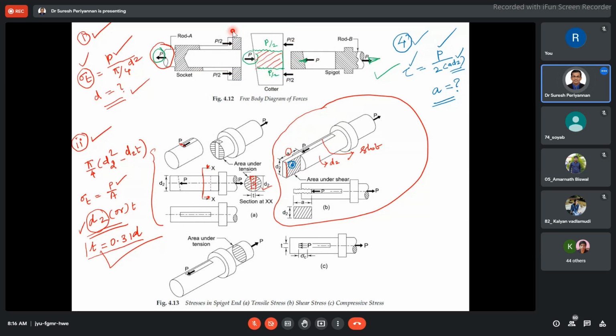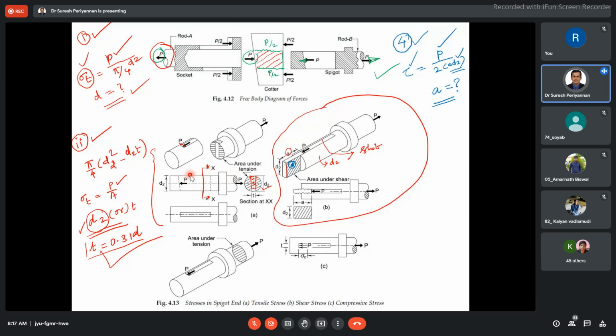Now we are going to design the component, or define the dimensions of the component, based on the permissible stress limit or permissible load limit.